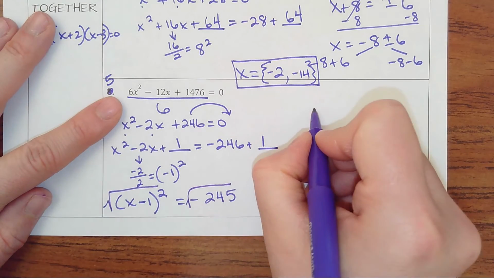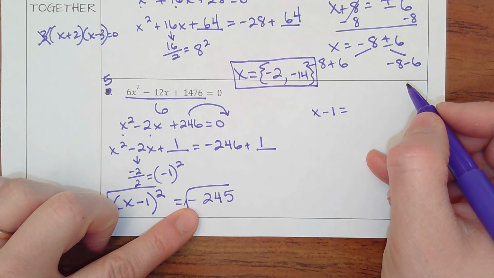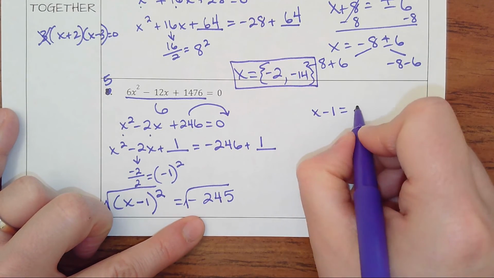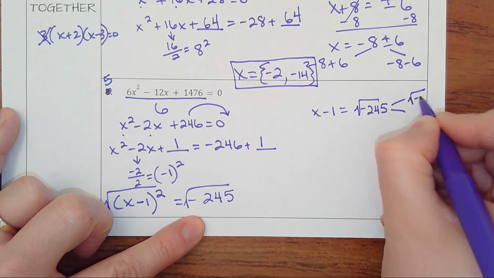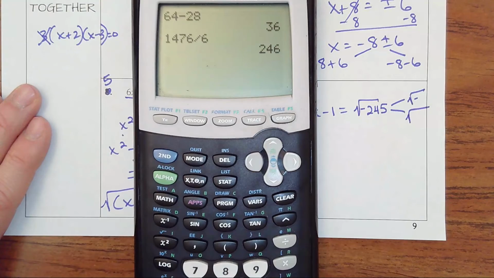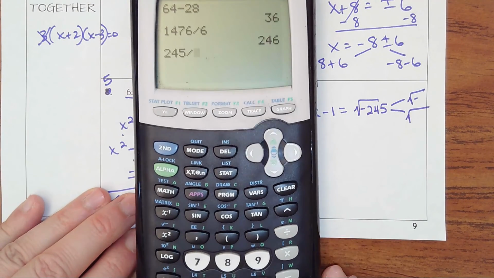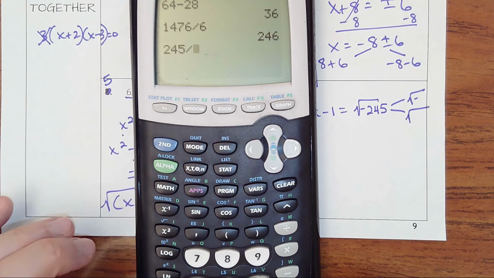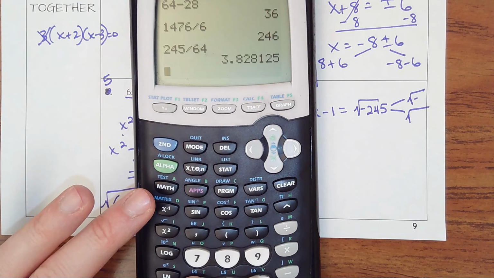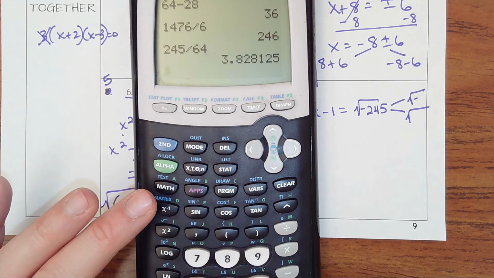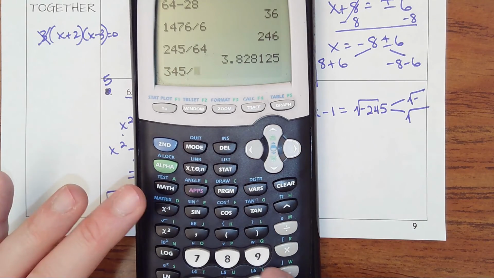Okay, so now I'm to the point where I'm trying to solve for x. Square and square root cancel, I get x minus 1 equals, I know an i is going to come out because I can't square root a negative, but I also need to try to break up the 245. So let's see. Let's start with 64, shouldn't be. 49.